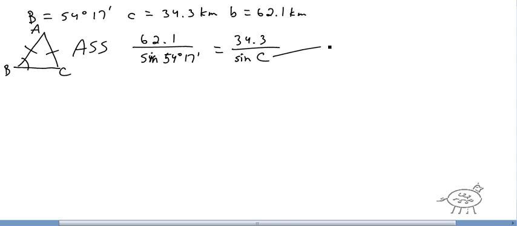Always check that first angle, because that's what it means. The ambiguous case of law of sines is that it could be that angle, or it could be 180 minus that angle. That's really important that you recognize that.